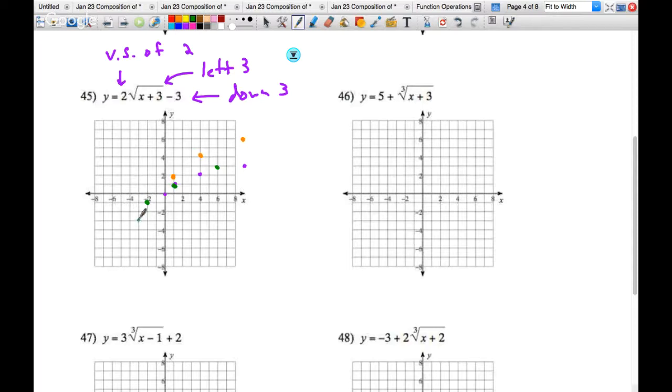It needs to be over here. So radical graphs always have a starting point. That point is always at h, k. It's always the starting point. So that's a good double check to make sure you've got the right graph.